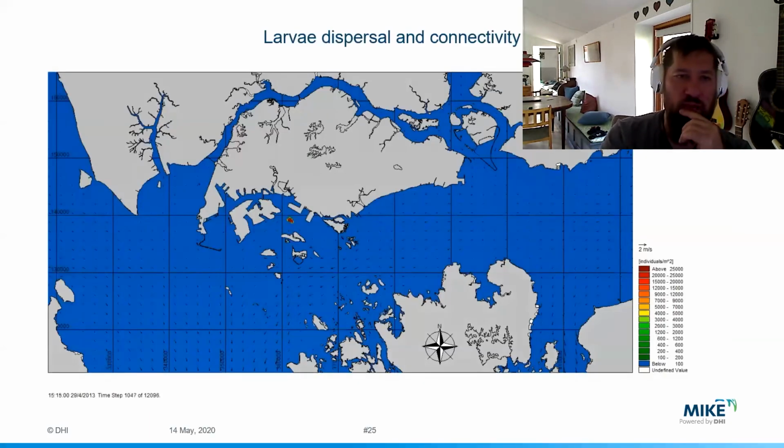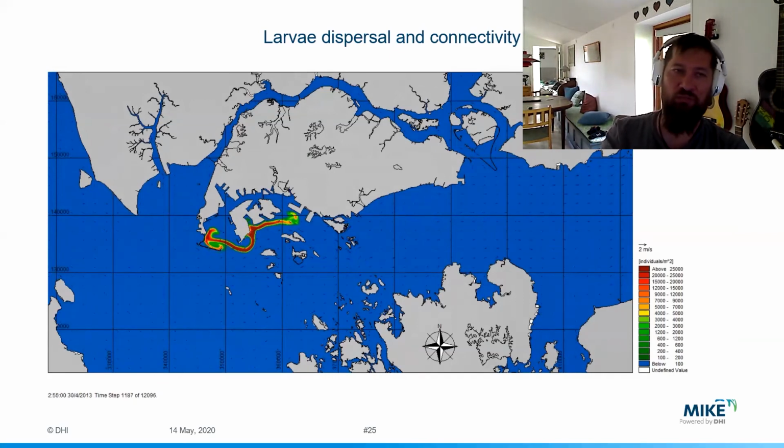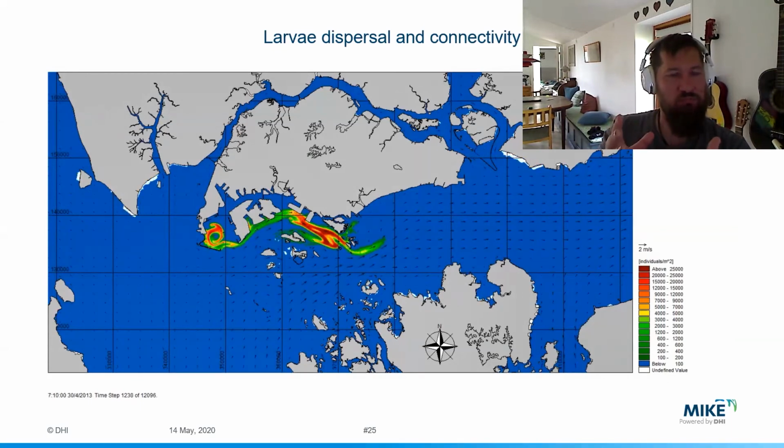In Singapore, we have used agent-based models for studying larval dispersal and connectivity in the riverine basin there. Here you don't see the particles because there's simply too many of them, so they're dissolved into a concentration instead of viewing the individual particles. But as you can see, they're more or less passive drifters.